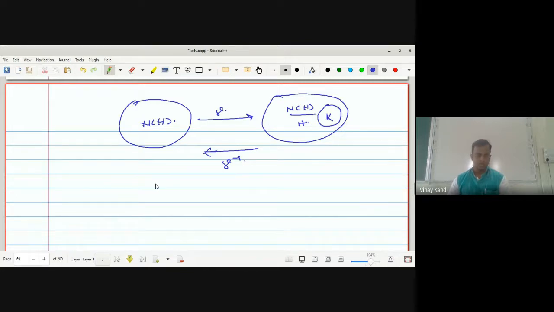Okay, now sigma inverse of here what we have, H is contained in K. K is the subgroup of quotient group N of H upon H containing H. Okay, this one is K, and it contains H.